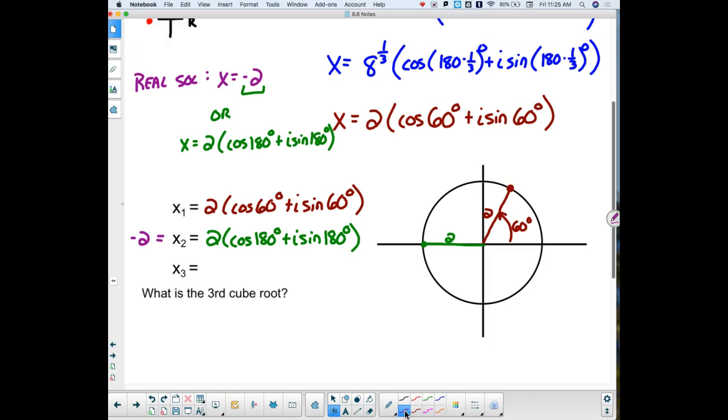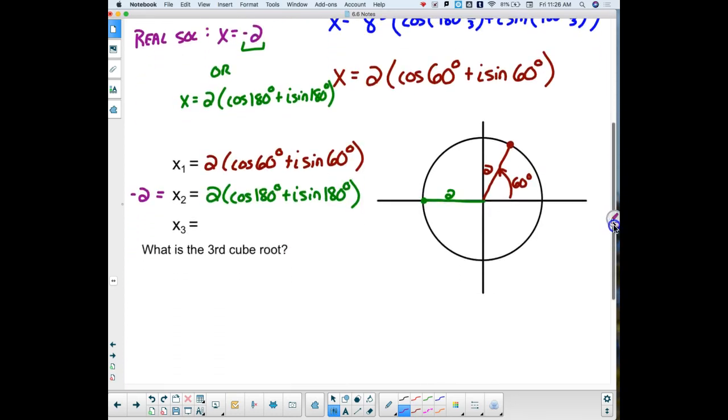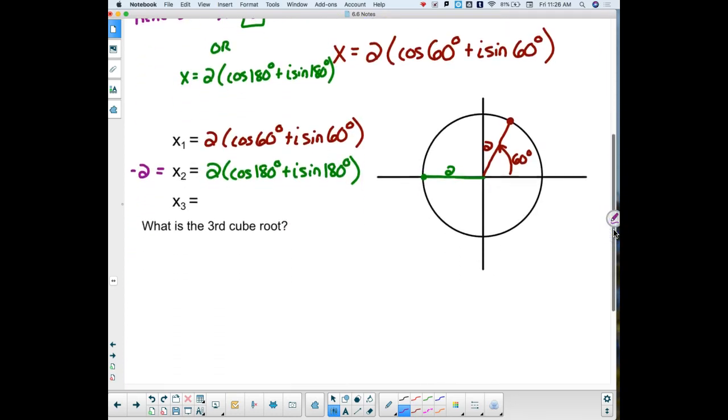Could it be like when you have the same point that counts as 2, like a double? No, it wasn't. We know it's not a double because of the way that the graph goes. Okay, so I know that one of them's not a double. Yep. Okay. So where would that third one be?